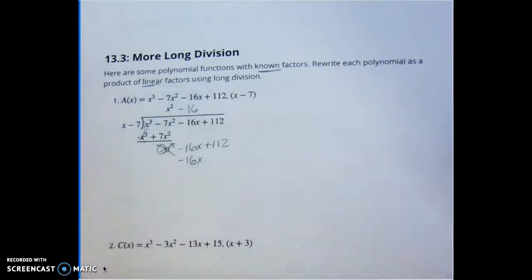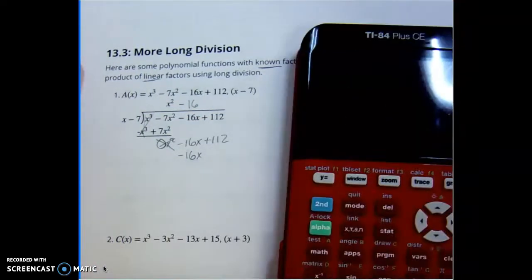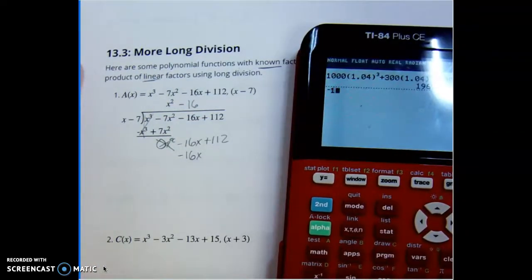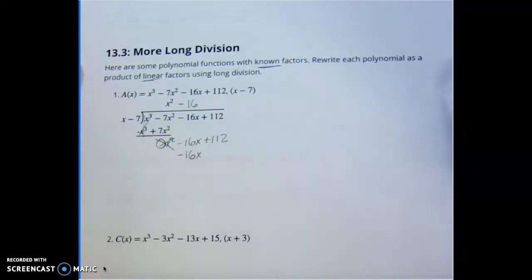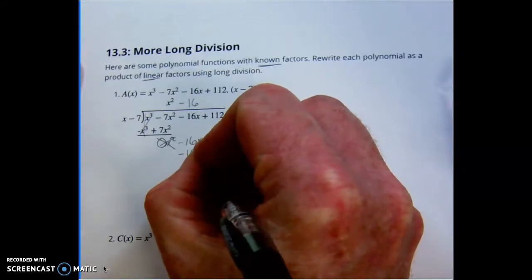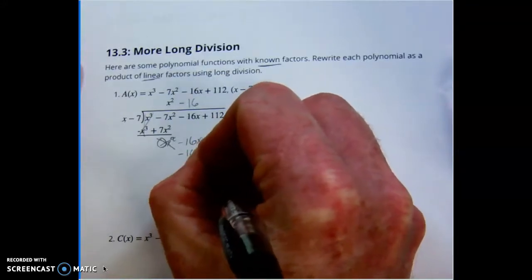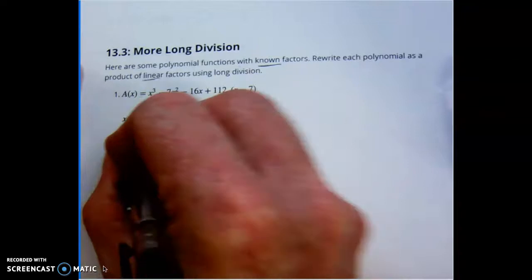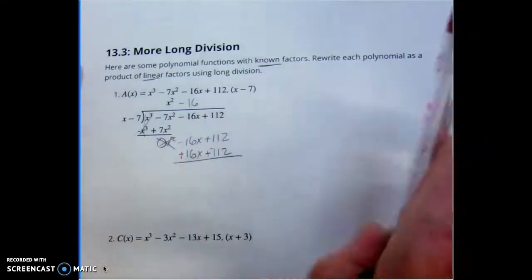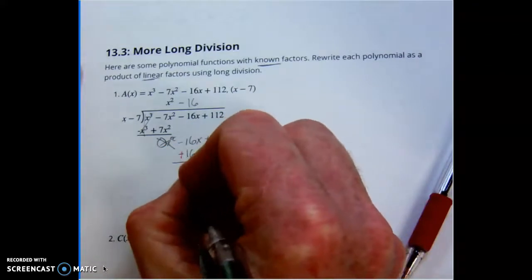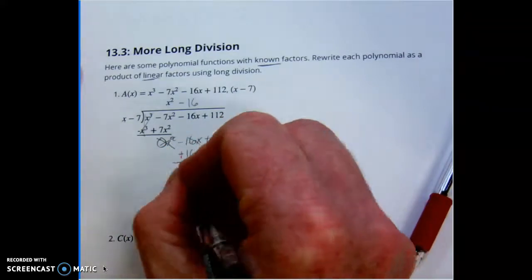Negative 16 times 7, I assume that's probably 112. Yep, negative 112, or positive 112, I mean, because a negative times a negative. So we'll switch our signs and add it up. That's 0 and that's 0, so they just go away.